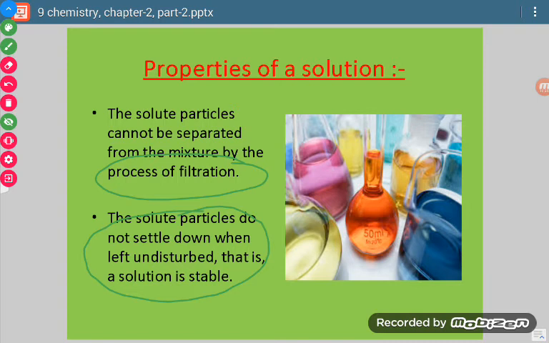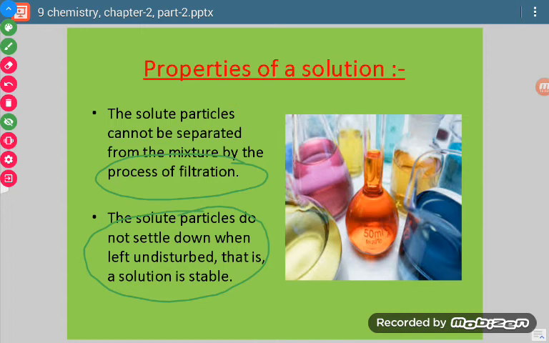Okay. One more property. Solutions are stable. Solutions are stable means whenever we have prepared a solution, that solution will remain as it is. Just like if I have dissolved 1 spoon of sugar in 1 glass full of water, it will not happen that if I place the glass for some time, then sugar will settle down.